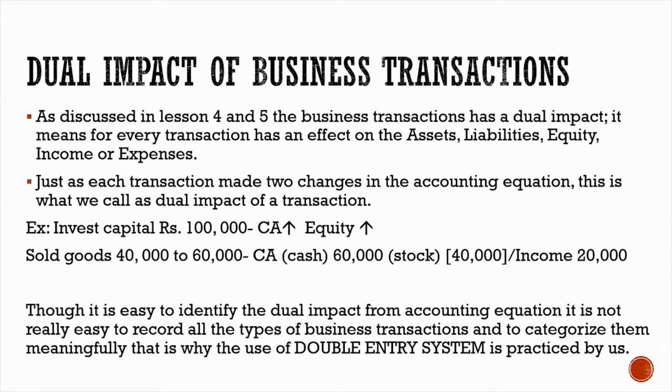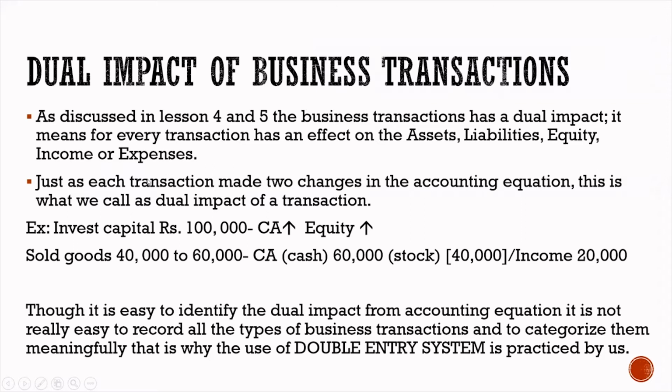The dual impact of business transactions. As we discussed in lesson number 4 and 5, business transactions have a dual impact. It means for every debit entry, there will be a credit entry. So this affects our assets, liabilities, equity, income, or expenses.